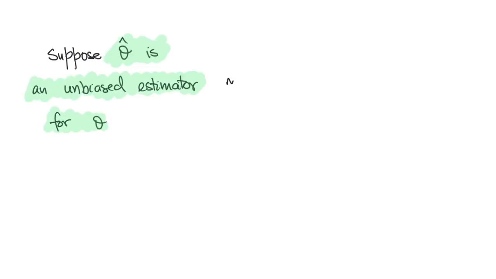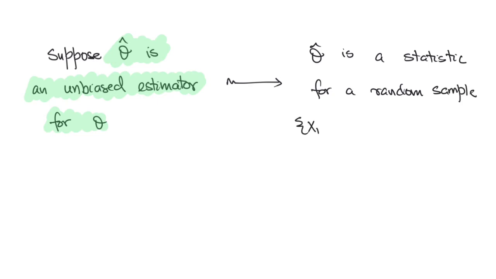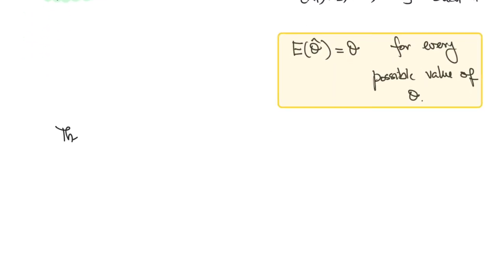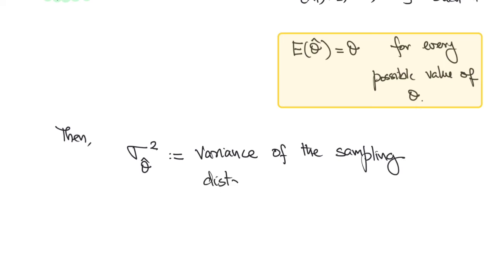So suppose theta hat is an unbiased estimator for the population parameter theta, then note that theta hat is going to be a statistic corresponding to a random sample x1, x2, x3 up through xn coming from the population, such that the expected value of theta hat would equal theta for every possible value of theta. Then sigma squared theta hat is defined as the variance of the sampling distribution of our statistic theta hat.